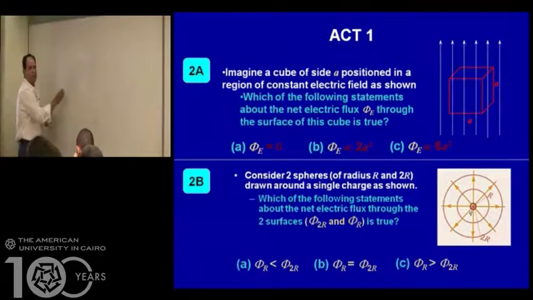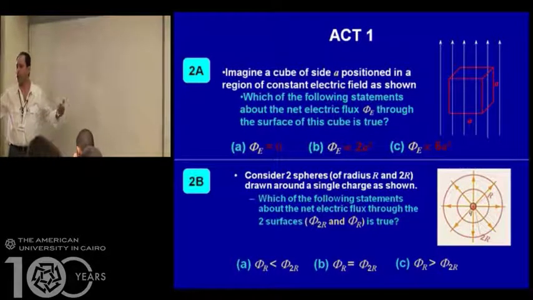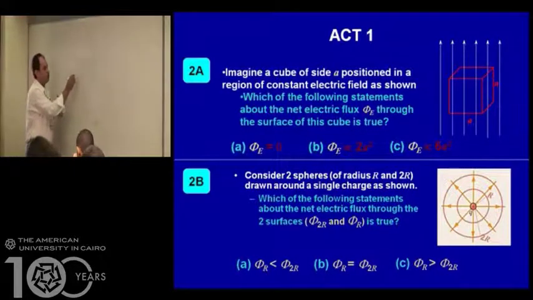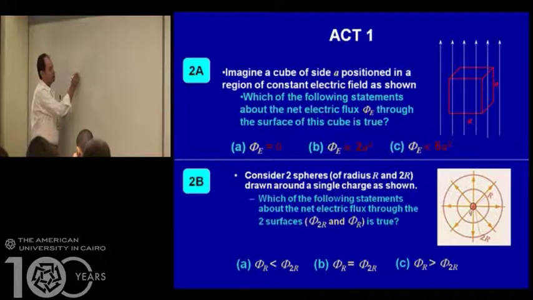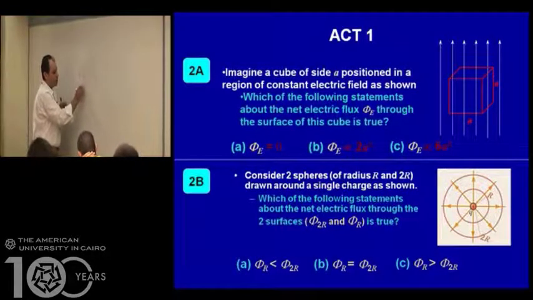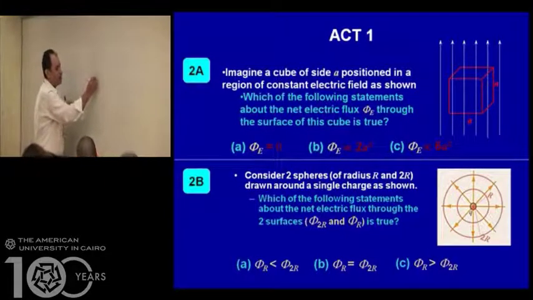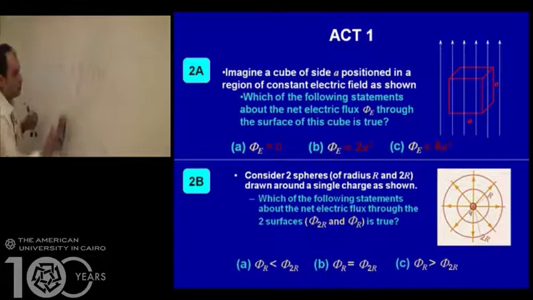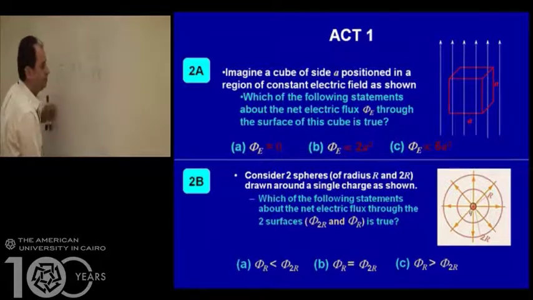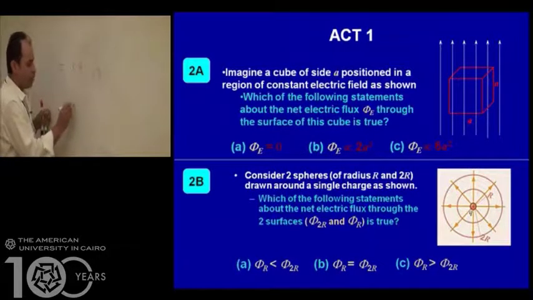On the smaller sphere or on the larger one? Doesn't matter. I will choose the smaller one. Phi will equal E, which is KQ over R squared, times the area, which is 4 pi R squared. R will cancel out. You end up having 4 pi KQ.